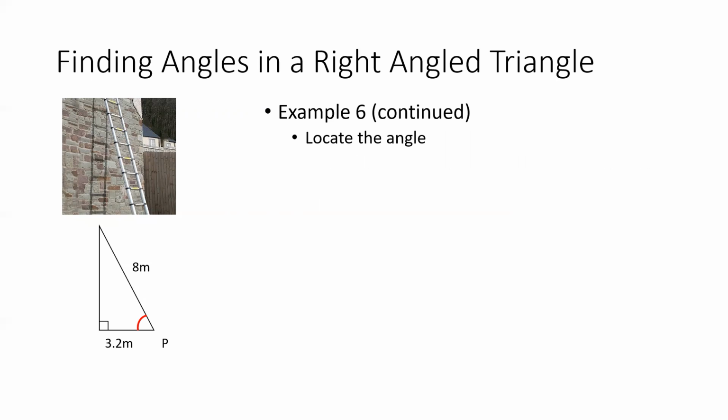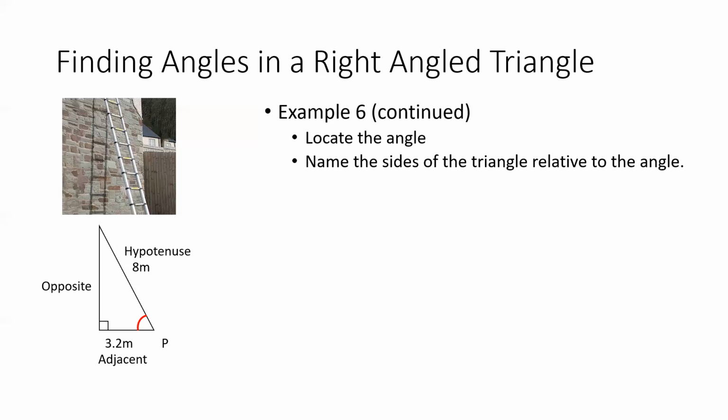First of all, we locate the angle. We've just picked a name for angle P here. We don't need to give it any particular letter. That's been chosen arbitrarily. And we name the sides relative to the angle. As I mentioned, because the ladder, the 8 meter length, is opposite the right angle, that's the hypotenuse.